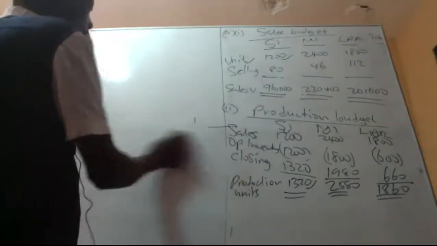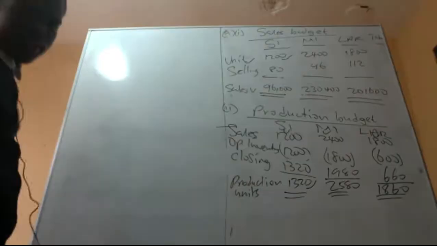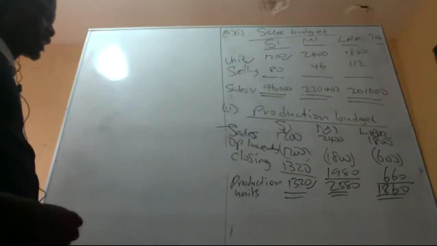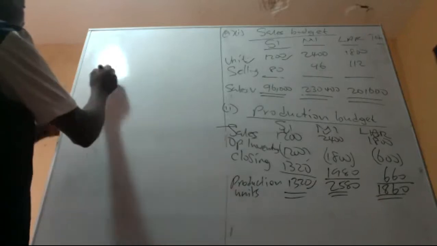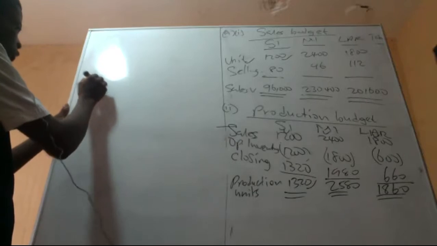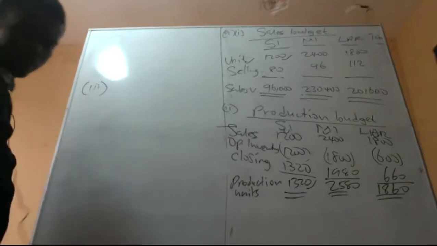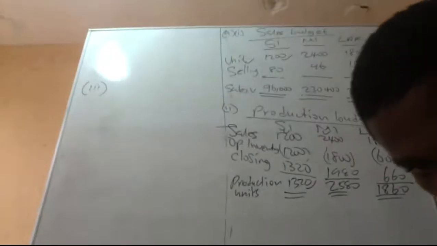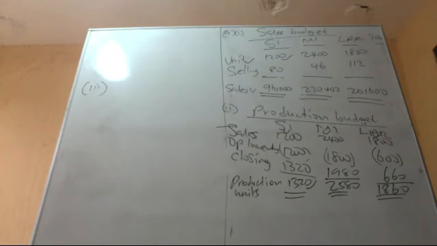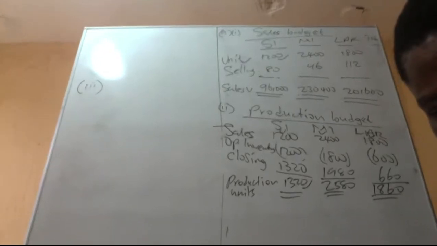And with that one, please locate the material, because that one is material usage. So let me write here. Let me come down. So like this, I hope you can see. Let me try and see if it's visible. I hope it's visible. Let me turn it sideways and see.